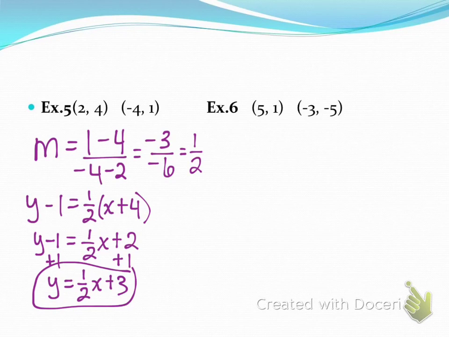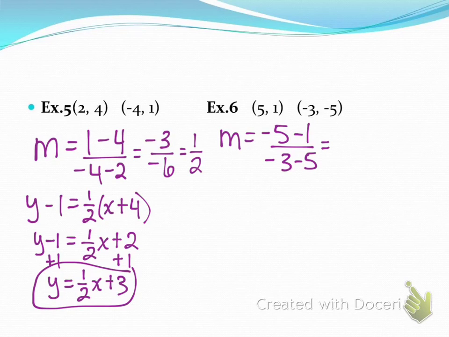On number 6, first thing we need is our slope. Kyan, how would I set up to find my slope? Negative 5 minus 1. Negative 3 minus 1. Very good. In our numerator, we would have negative 5 minus 1, denominator negative 3 minus 5.